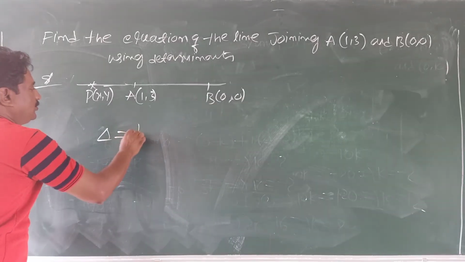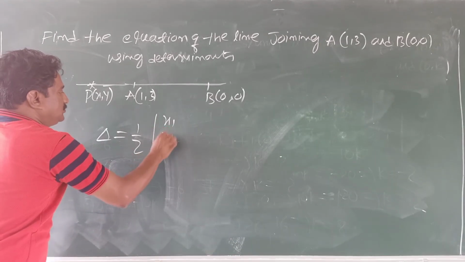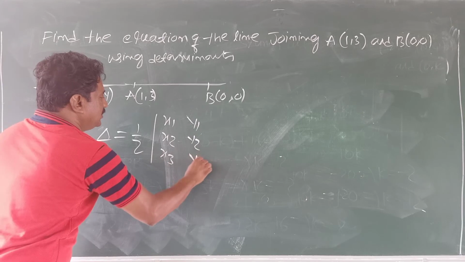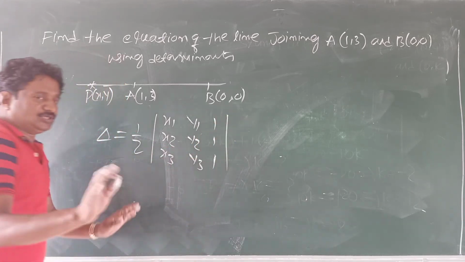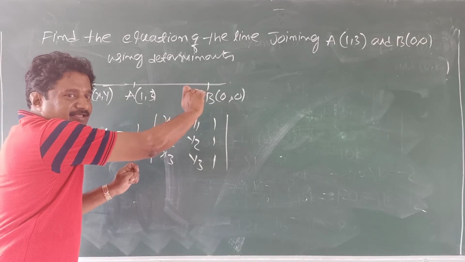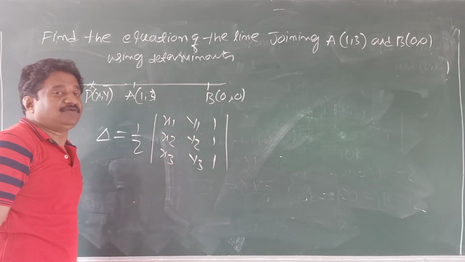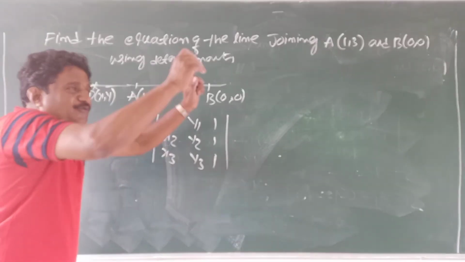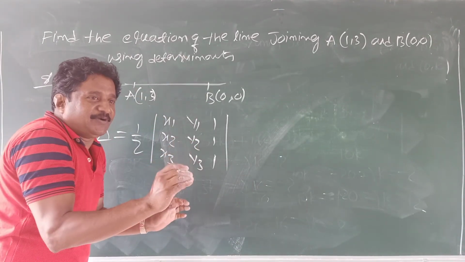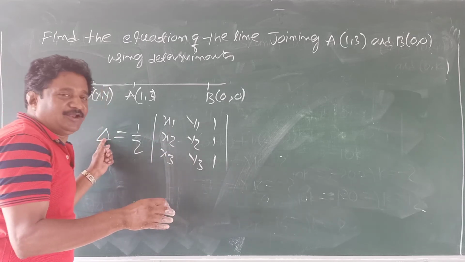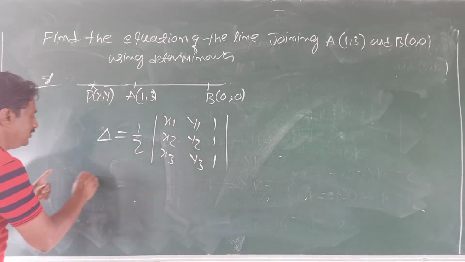Delta is equal to half into the determinant with rows x1, x2, x3; y1, y2, y3; 1, 1, 1. Observe carefully, students. The points lie on the same line. Collinear. Have you heard that word collinear? Is it possible to form a triangle using collinear points? No. No area means what is the value of delta? 0. Very good.